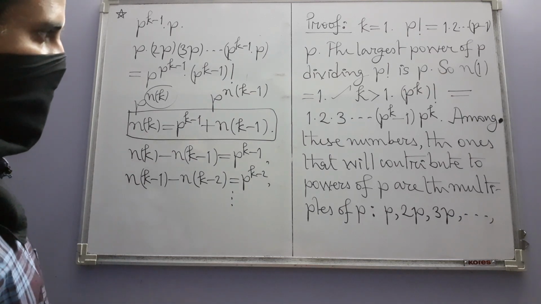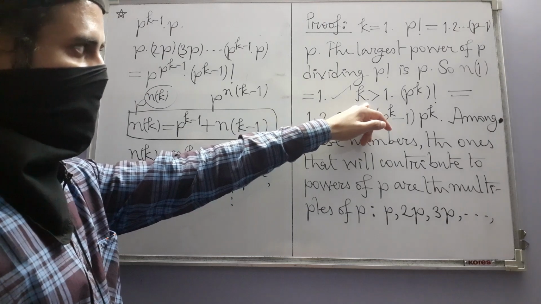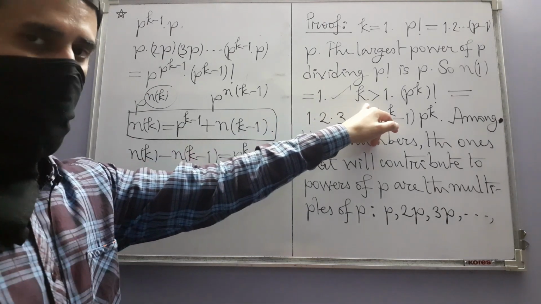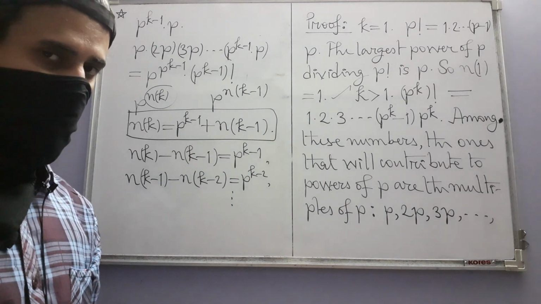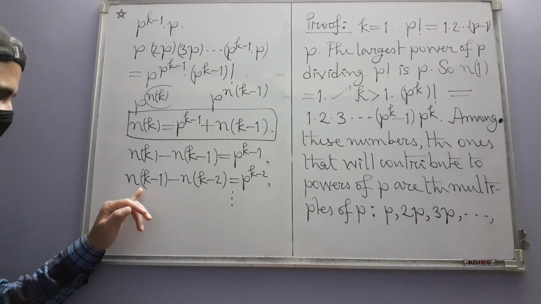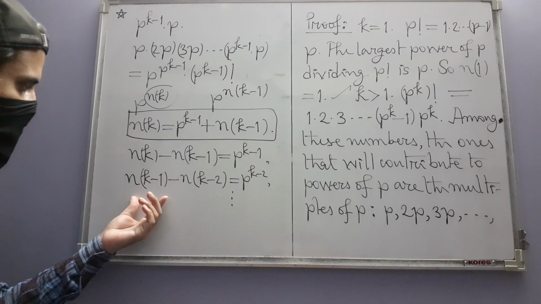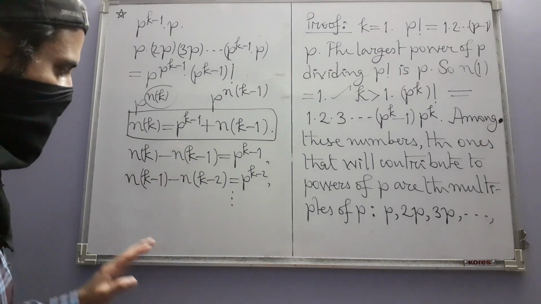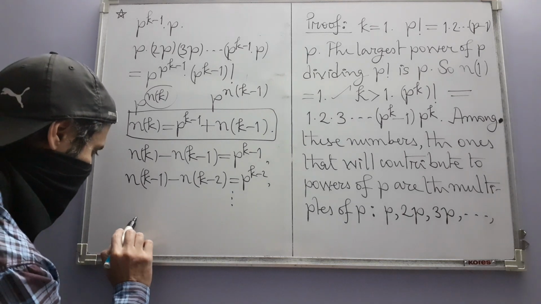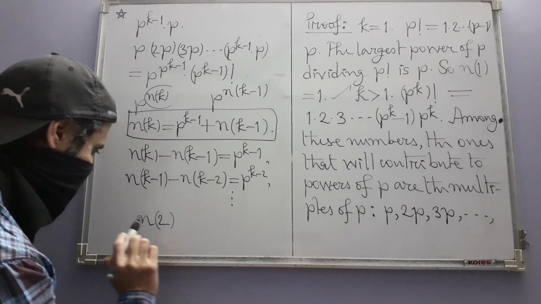You see, because our k is greater than 1, right? So the least value of k is 2. And when we take k equal to 2, we actually have n1. But that is the last point. Before that, we get n2.